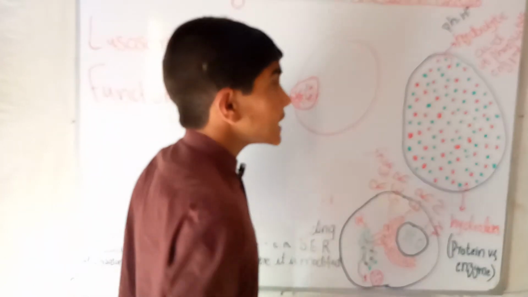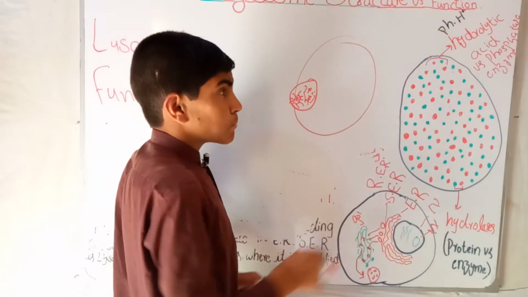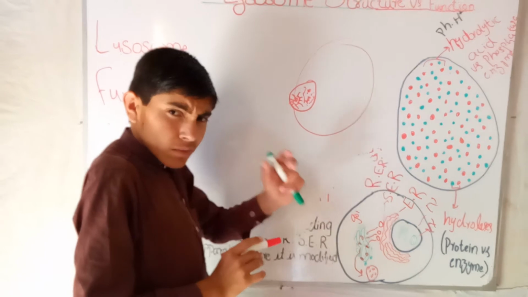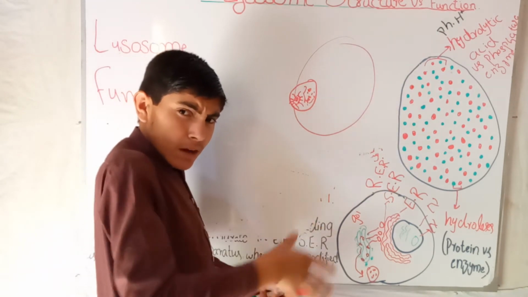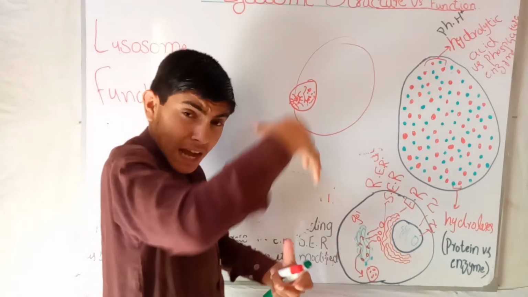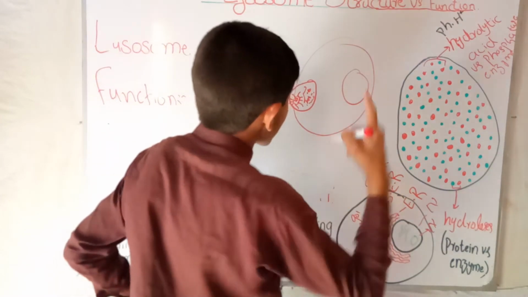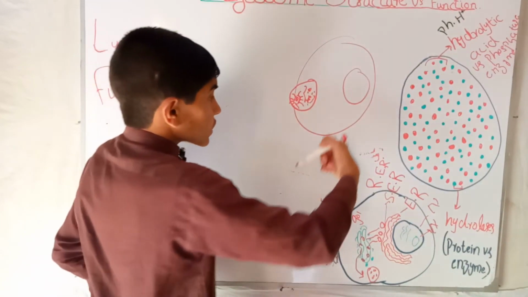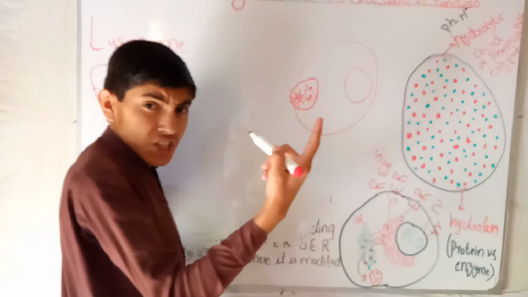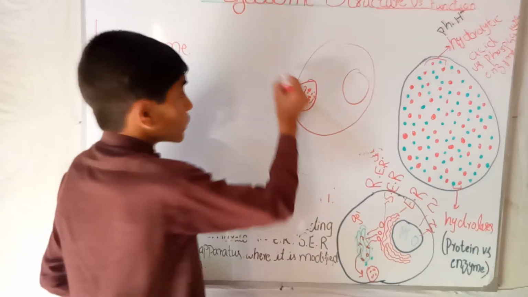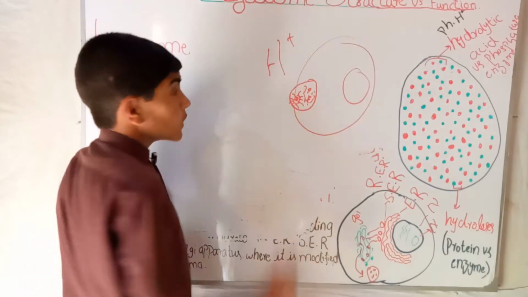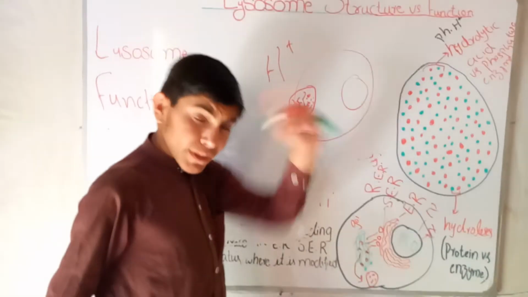Okay, and it keeps performing, maintaining its normal pH. This is the cell. Every time we need H positive ions for the acid to maintain its function.